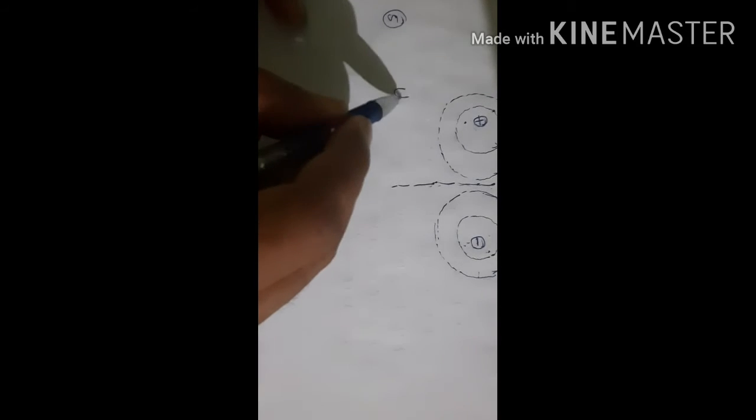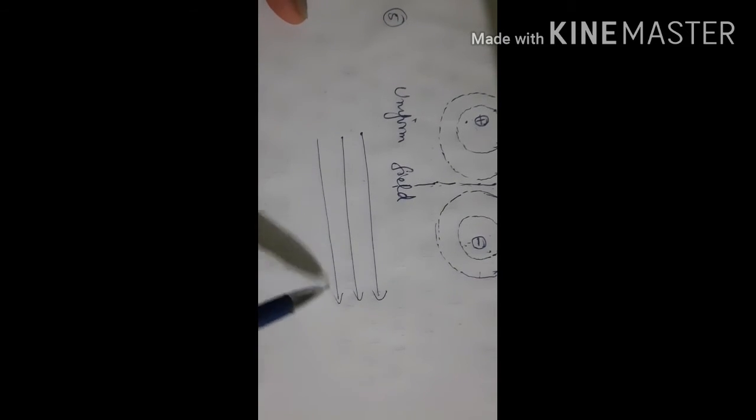Let us now draw one more equipotential surface, for the case of a uniform field. So this is the uniform electric field. If you draw equidistant parallel lines, then it represents the uniform electric field lines.